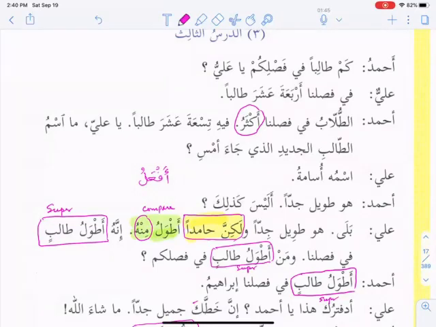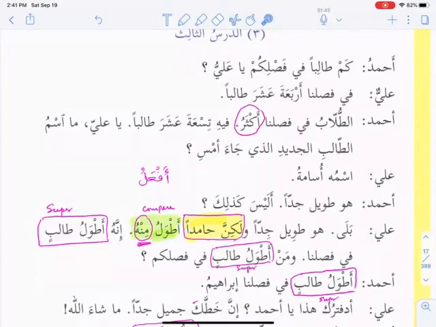But if that af'alu is followed by min, then that becomes for sure comparative. Atwalu min, taller from, taller than.